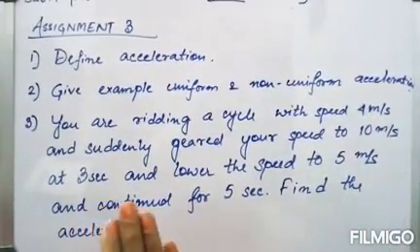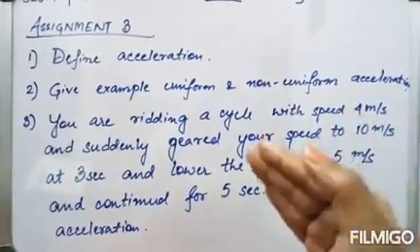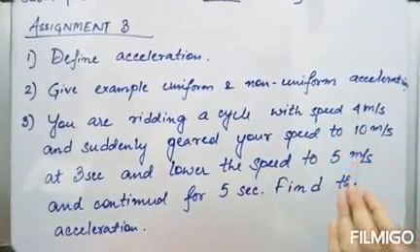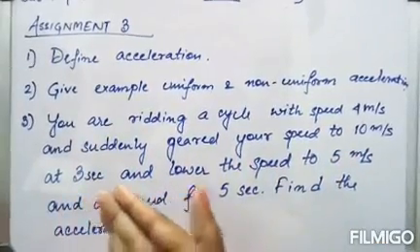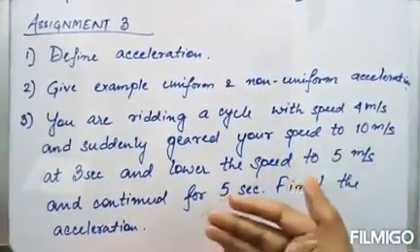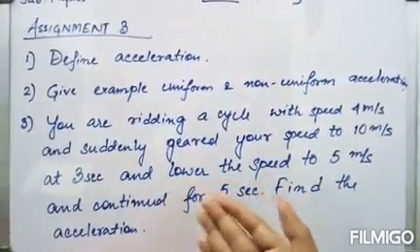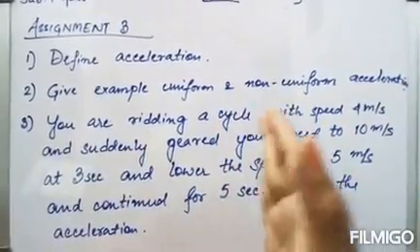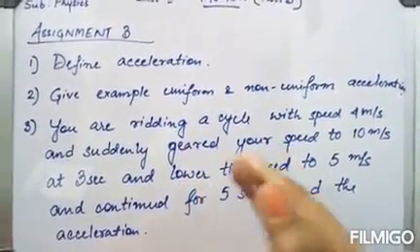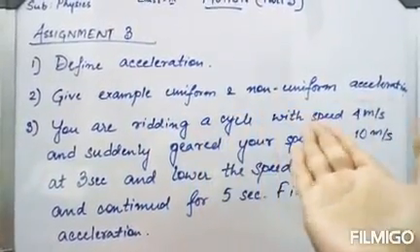Find the acceleration. That means you suddenly increased your speed for 3 seconds, and then lowered it to 5 meter per second for 5 seconds. So there will be 2 cases of acceleration. I need both the values of acceleration.